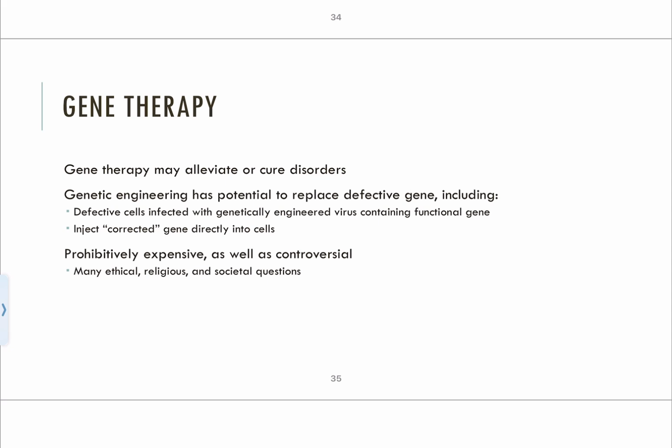Okay, the absolute last thing I want to talk about is gene therapy. This is a huge new field and something you may be interested in the future. And genetic engineering has the potential to replace defective genes. This can include defective cells that are infected with genetically engineered viruses containing a functional gene, and they basically inject the corrected gene into the cell.